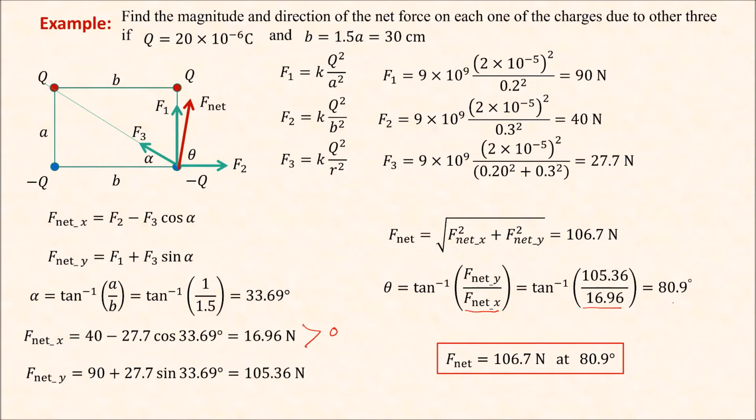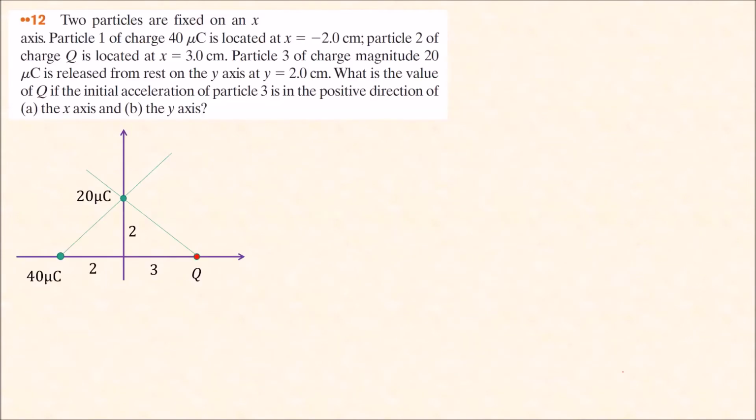If y is negative and x is positive, that is in the fourth quadrant where it should be, right? But if the x is negative and y is positive, then it is in the opposite direction. What you get, if you add 180, you go to the exact correct direction. All right, so let's move on.